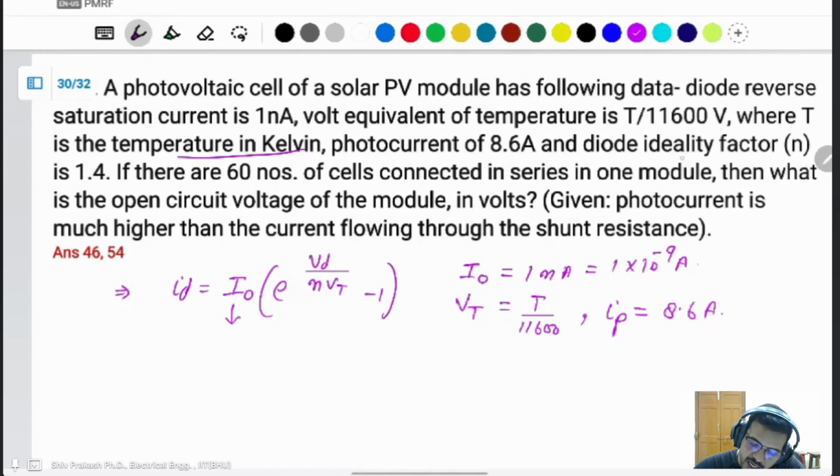And the diode ideality factor N is also given: N is equal to 1.4. If there are 60 cells connected in series in one module, then what is the open circuit voltage of the module in volt?